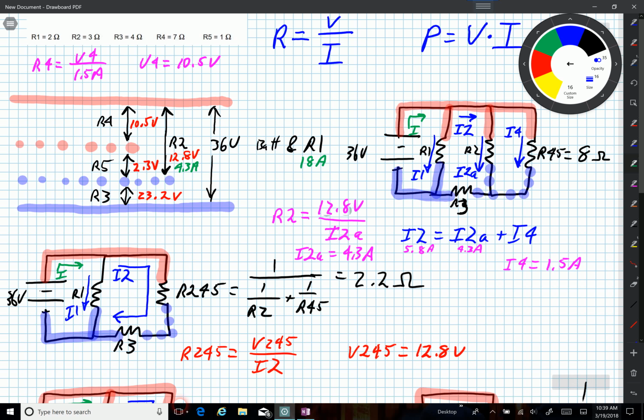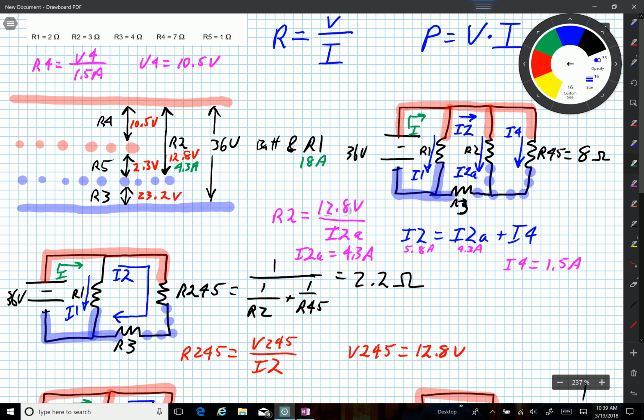R3, the current through, oh, here, this is where, I see, okay. The current flowing through R3, right? Look here, the current flowing through R3, right here, is I2. Look, I2 splits at this junction into I4 and I2A, and then those two come back together at this junction and flow through R3. Well, then it's got to be I2.